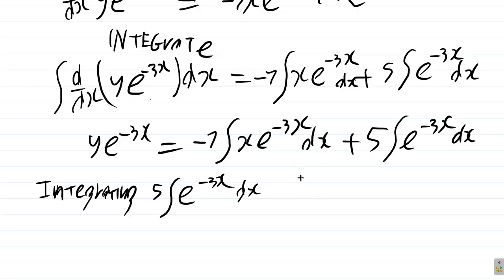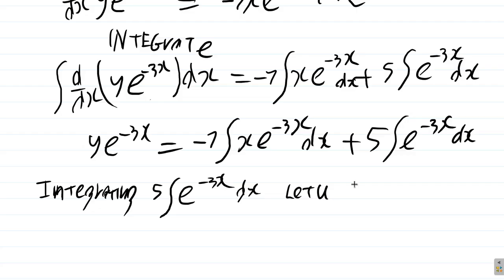It's a function of a function. I know mentally, it's going to be e to the negative 3x over negative 3, right? That's what you would get. And multiply that by 5. But let's use the substitution.